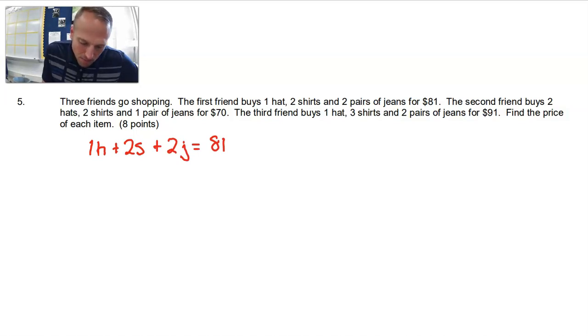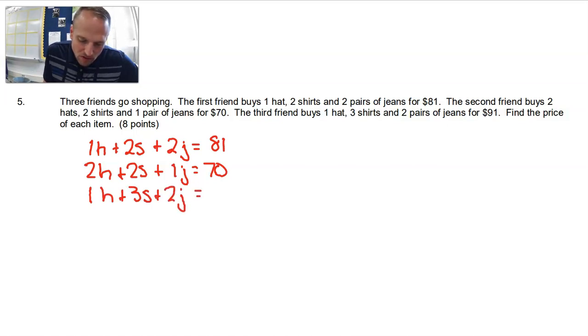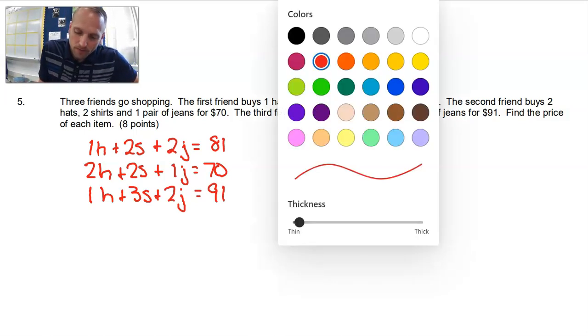The second friend buys 2 hats plus 2 shirts plus 1 pair of jeans for $70. The third friend buys 1 hat plus 3 shirts plus 2 pairs of jeans for $91. Okay, this is going to be hard, very hard.